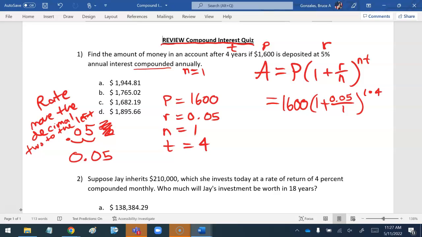You type that into your calculator and you end up getting $1,944.81. That's going to end up being letter A. Cool. Now, if you have trouble typing this into the calculator, you should talk to me during class so we can help you out.